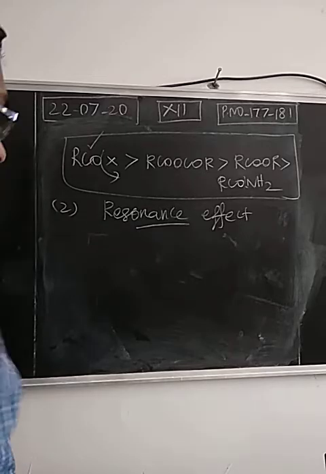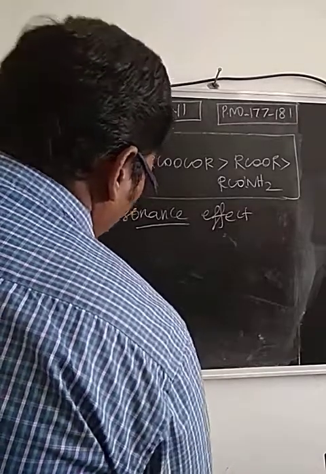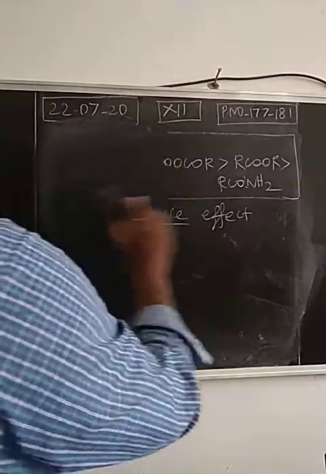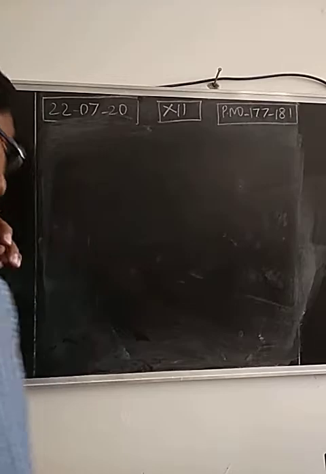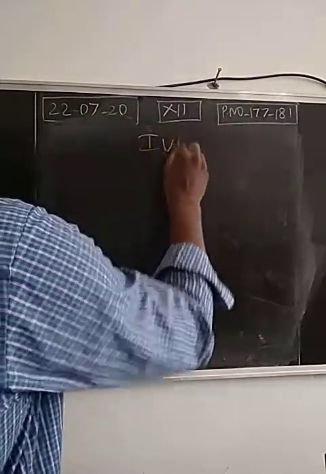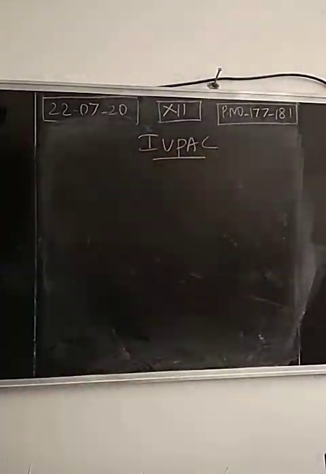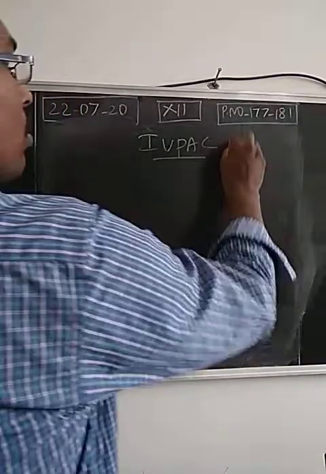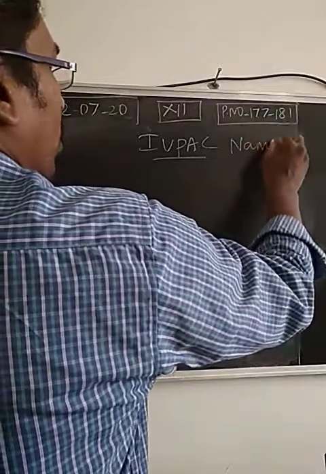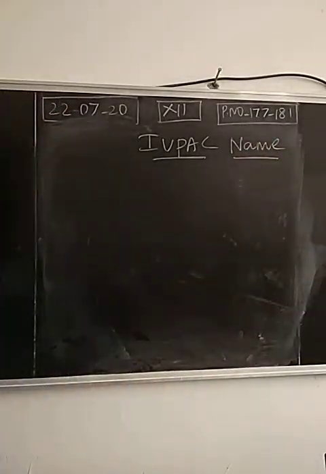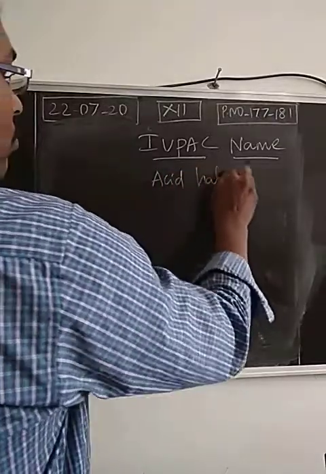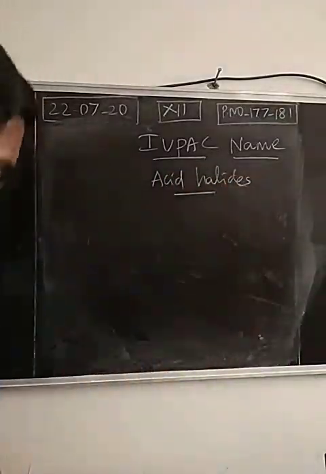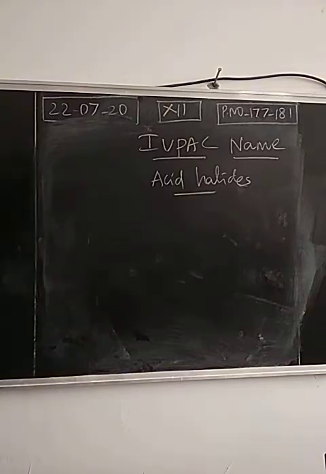Next, IUPAC nomenclature of acid derivatives of carboxylic acid. First we take acid halides.